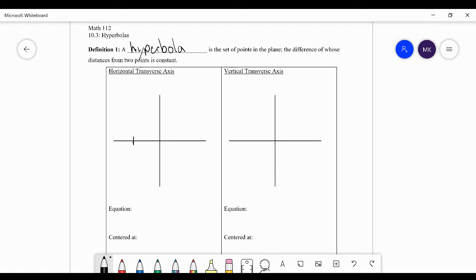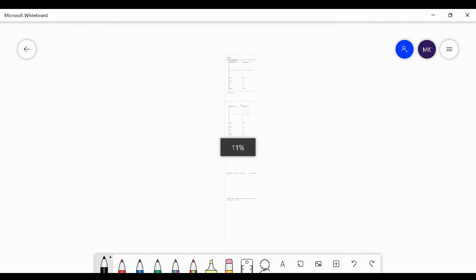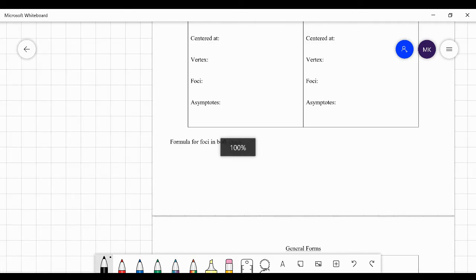Let me try and make these semi-equivalent. So, sorry about that.